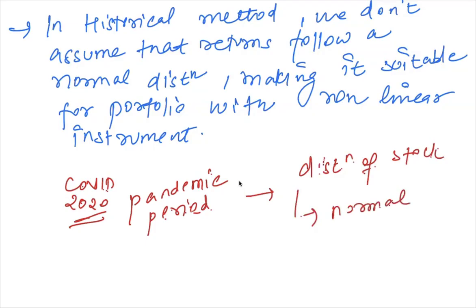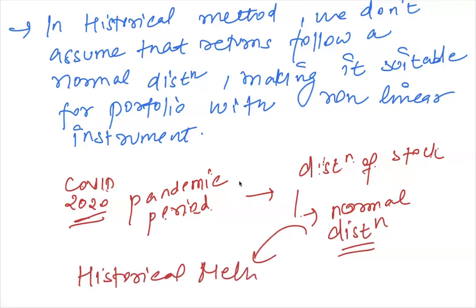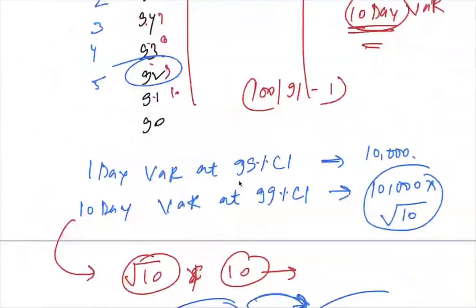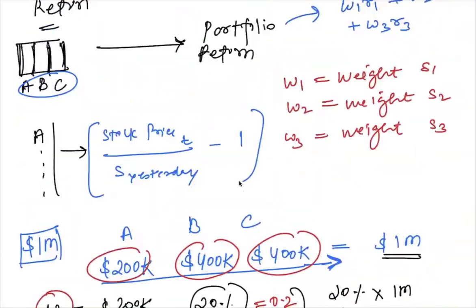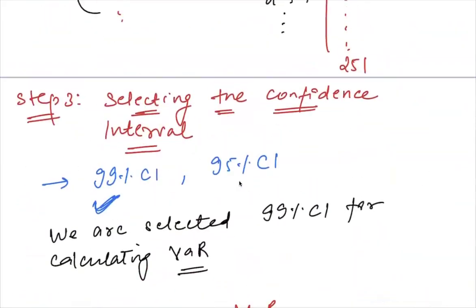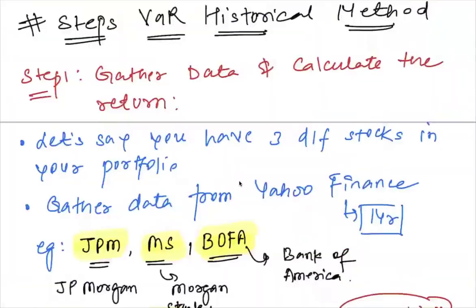And that's where methods like the historical method really help, because it is not assuming anything on the distribution of the return. What the historical method just says is that whatever has happened in the history will be repeated in the future. In simple words, the past will reflect the future. This is what the historical method assumes.